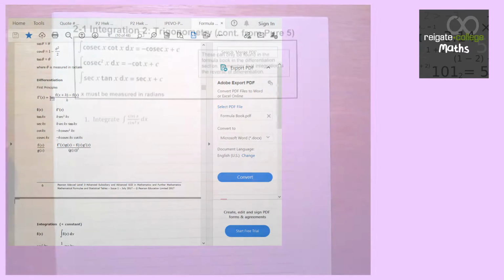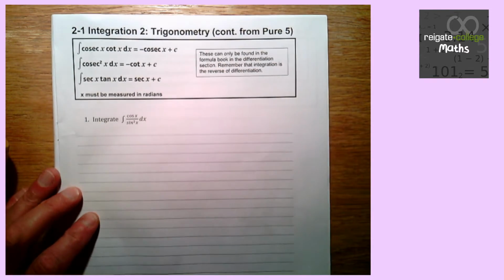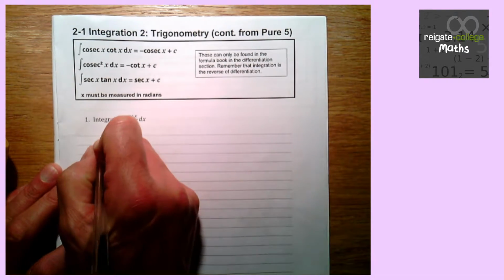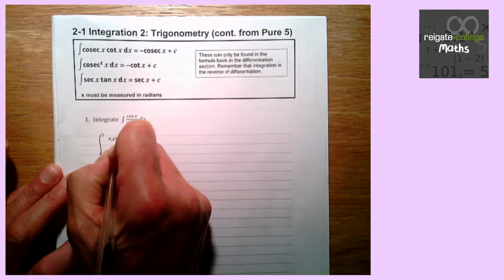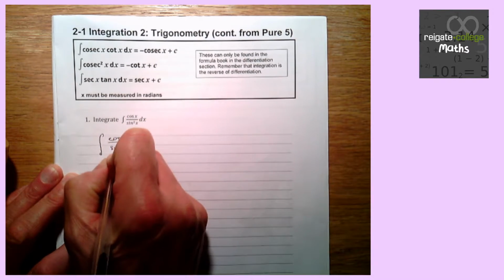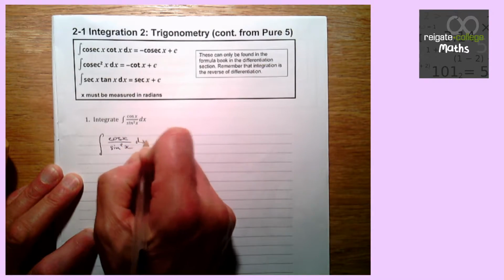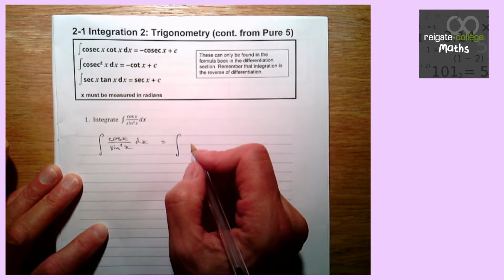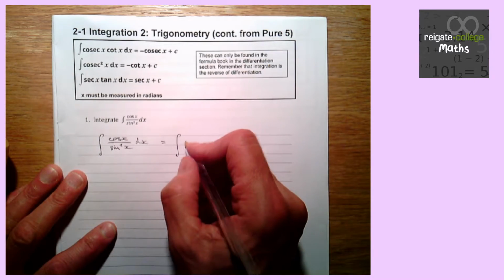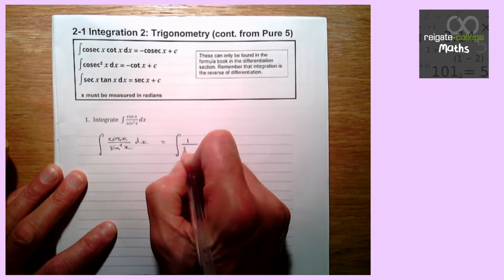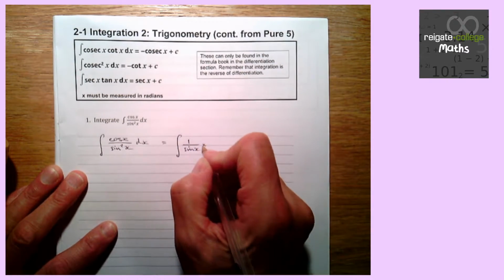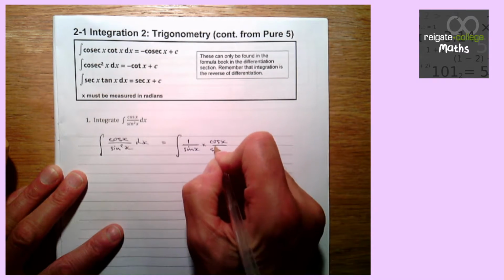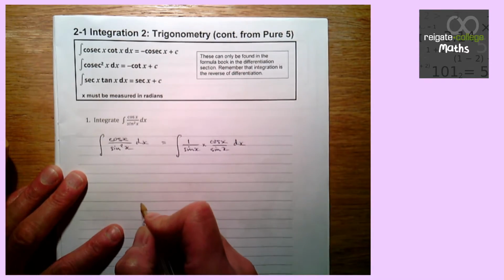So if we go and look at the example in the course workbook, it says integrate cos x over sine squared x. So we're going to say the integral of cos x over sine squared x dx is the integral of, well, we're going to write this as 1 over sine x times cos x over sine x dx.